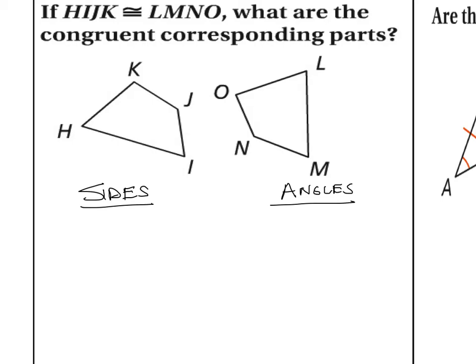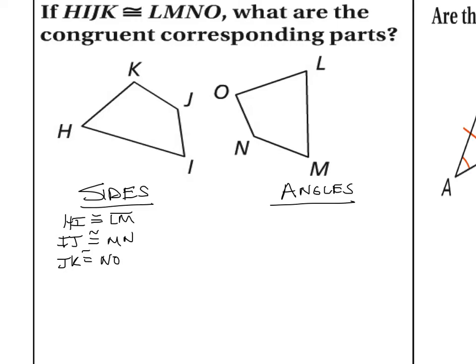So if I start with HI, HI has to be congruent, first two letters to first two letters, so it's going to be LM. And then I go IJ, and that has to be congruent to MN, second two letters. And then I go JK, which has to be congruent to NO.